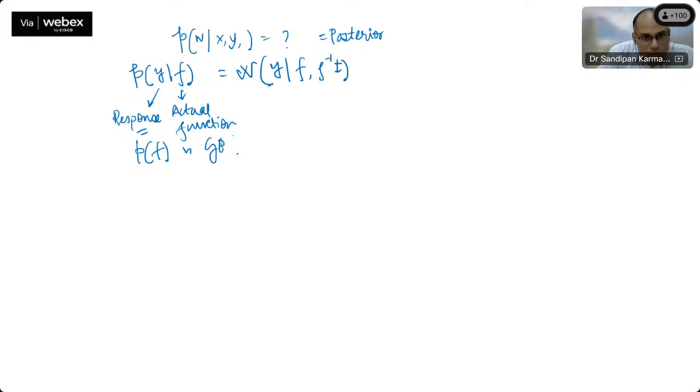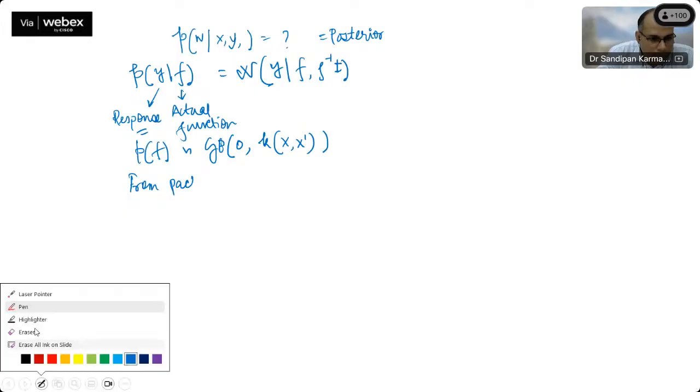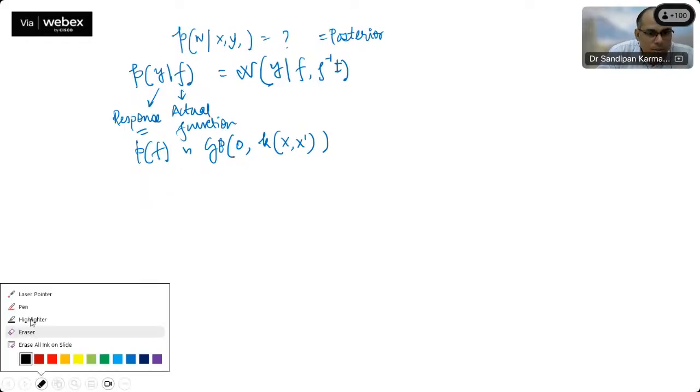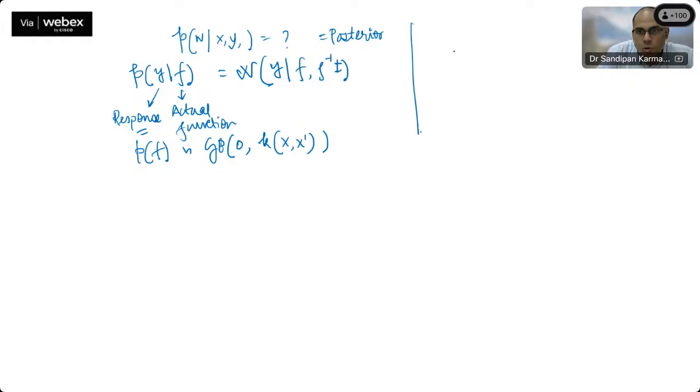So it is a Gaussian process with mean 0 and a covariance matrix k(x, x'). From a practical point of view, y is having n observations, suppose.